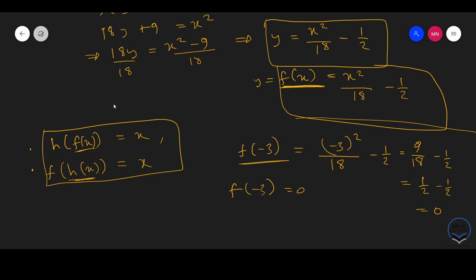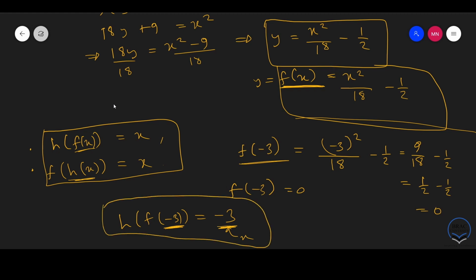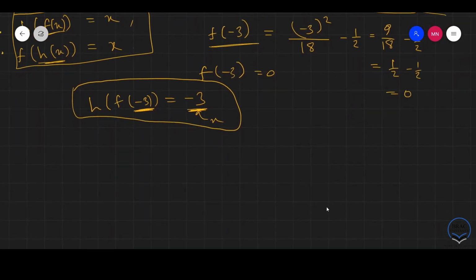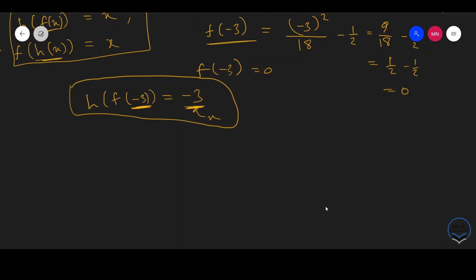So this should mean that h of f of minus 3 should give us minus 3, right? If we consider x to be minus 3, then we should get x back, which is minus 3. So we can test this. For h of f of minus 3, we know that f of minus 3 is equal to 0.